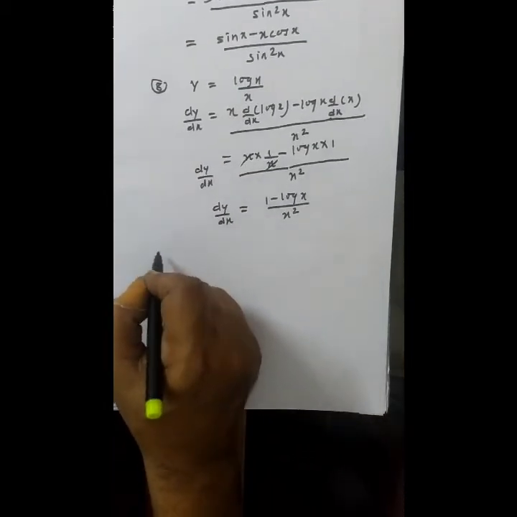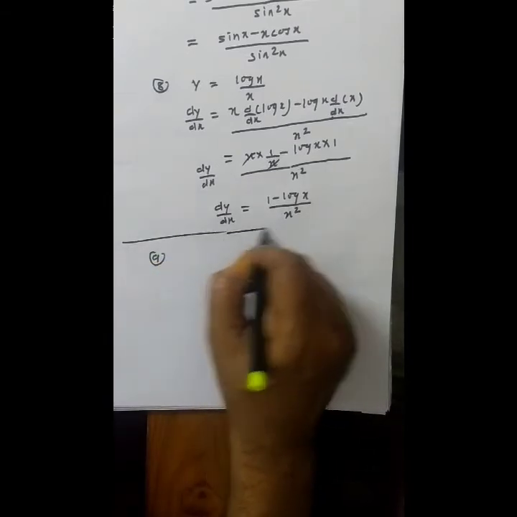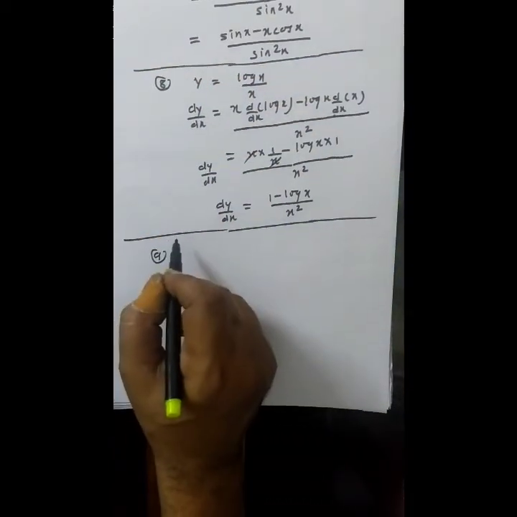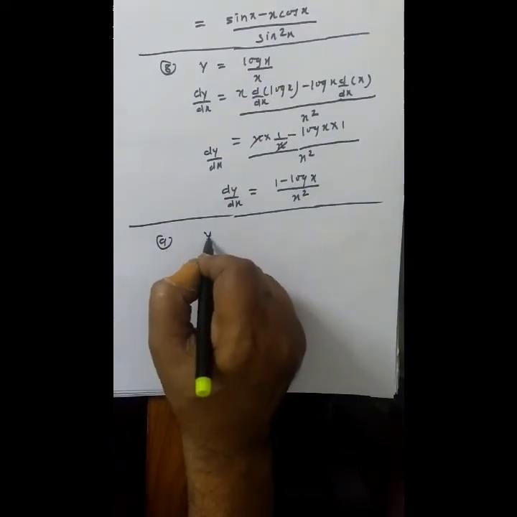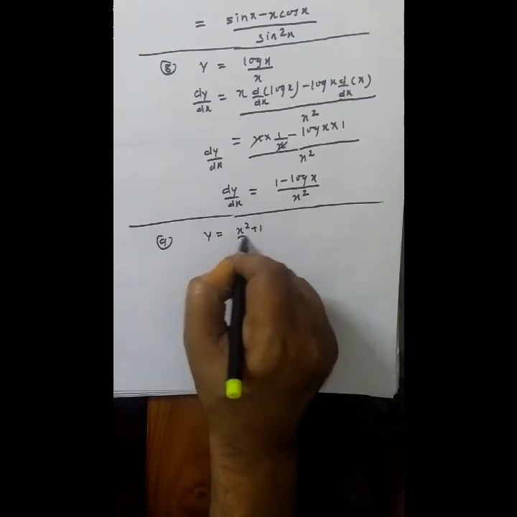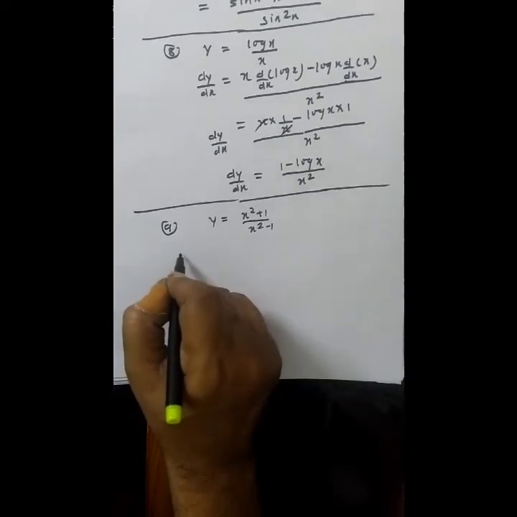Next we'll go for one more sum. Y equals to x square plus 1 divided by x square minus 1. Again it is u by v.